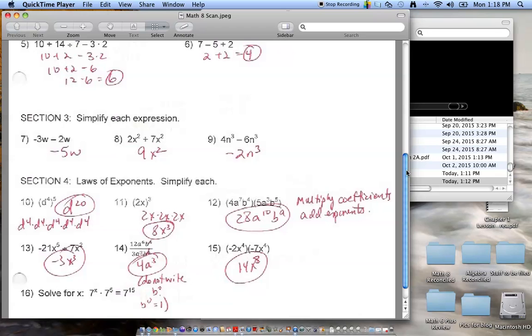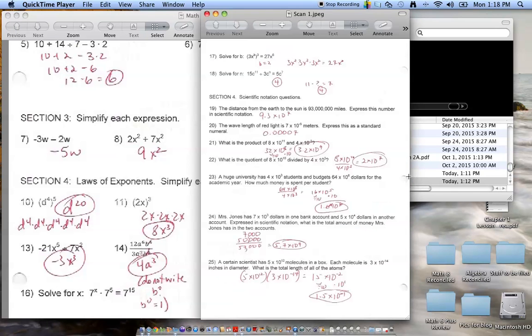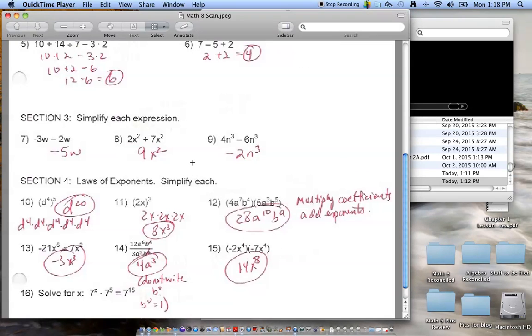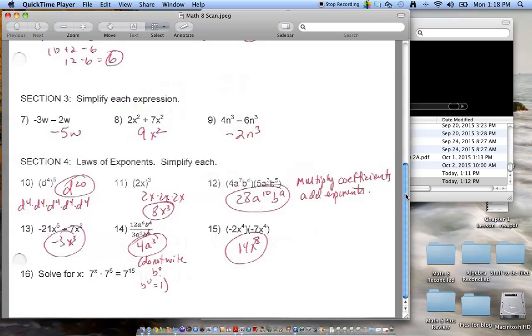Any questions on this number 5 through the number 9? Anything in here at all giving you a hard time? No? Okay. I don't want that one. What about any of these other ones here?